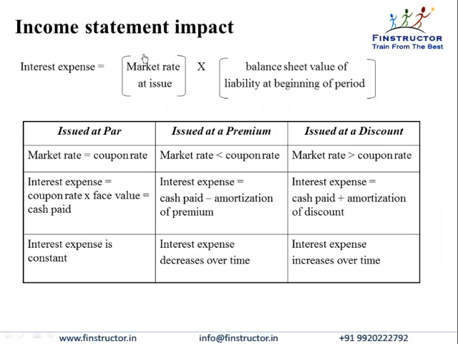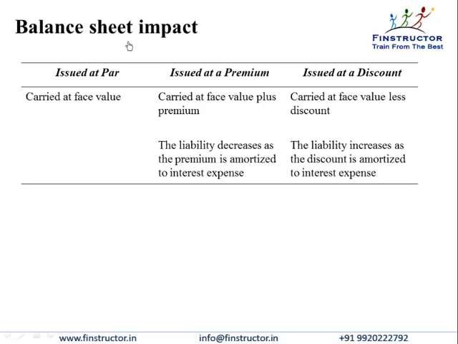On the income statement, remember, the interest expense is always recognized as the market rate at issuance or the yield to maturity at issuance multiplied by the outstanding liability at the beginning of the year. On the balance sheet, the book value of the bond would be the present value of all outstanding payments discounted back at the market rate at issuance.